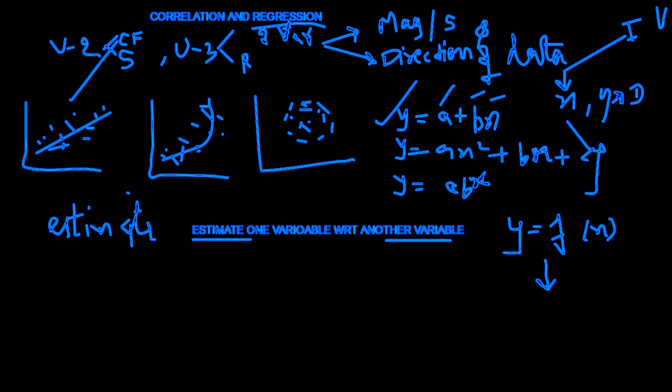And the best fitted curve, suppose a straight line, let it be a straight line, that is y equals a plus bx. This is your regression line. Understand? You have already studied the regression line in Unit 2 in curve fitting.